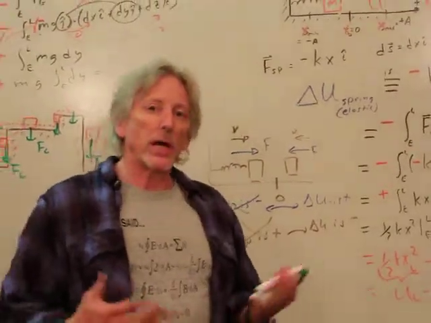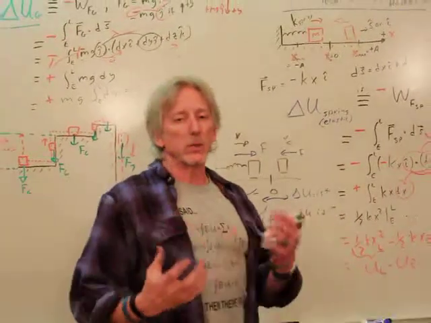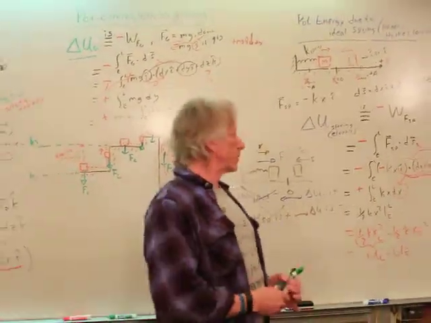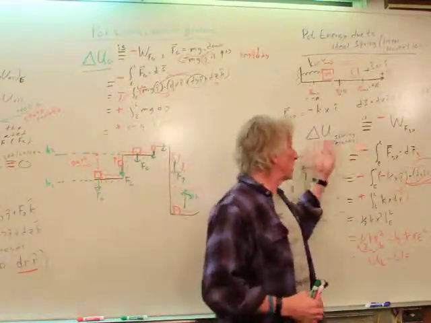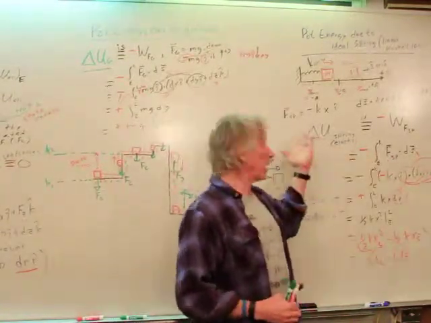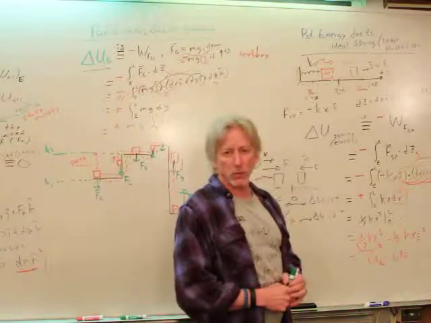In general, if you had a potential energy function, someone just kind of made up this force, conservative force, you could take that force and use this to derive the potential energy function for that force.